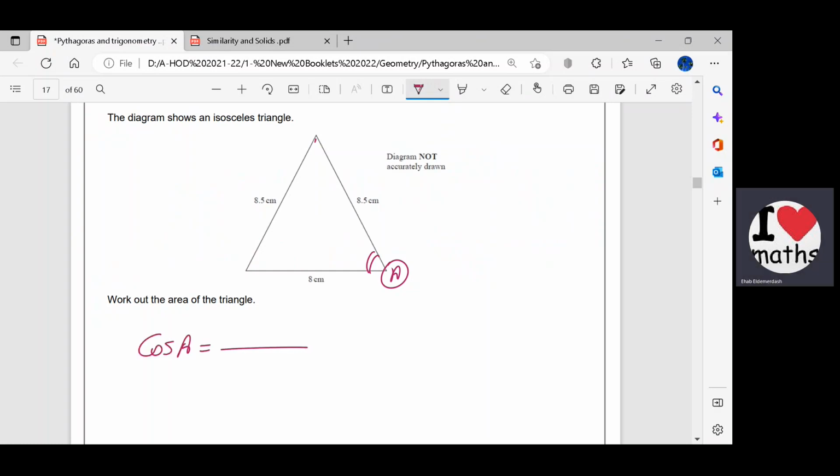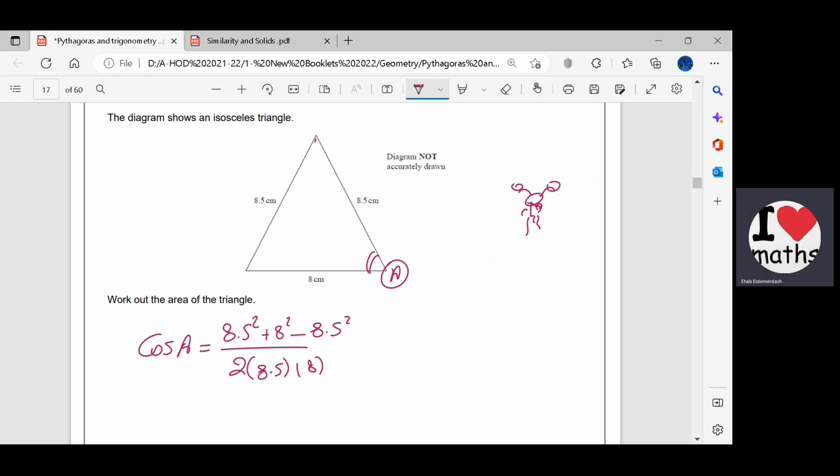So cosine, well, you have to start from the two sides, Ahmed. I told you before, you have to start working with these two sides, the two sides which are included in the angle. So I have to say it's 8.5 squared plus 8 squared minus the opposite squared, which is 8.5 squared, divided by 2 into 8.5 into 8.